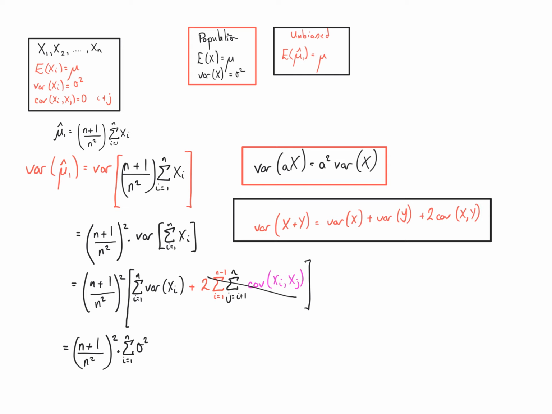But we've just got n lots of sigma squared here, so this is going to be equal to n plus 1 squared over n to the 4 times n lots of the variance of x, which is sigma squared. And then we can simplify this a little bit to give us n plus 1 squared over n cubed times sigma squared.